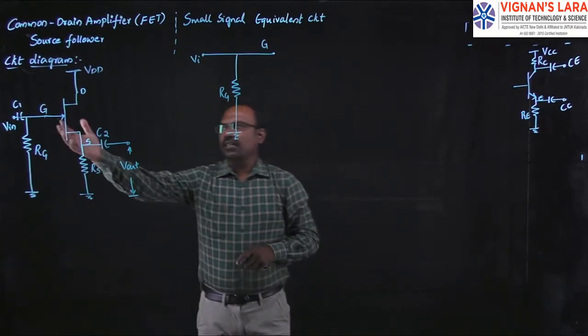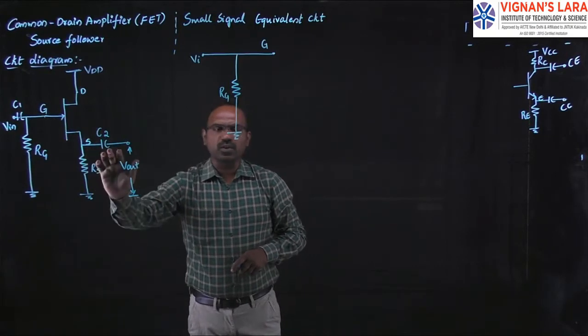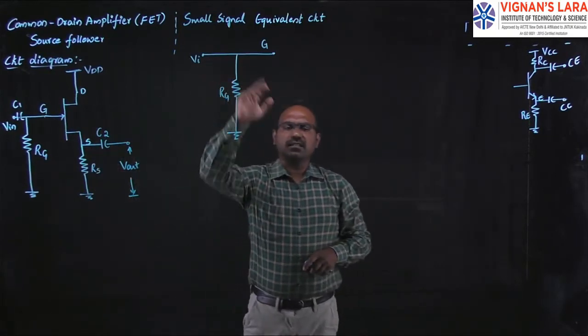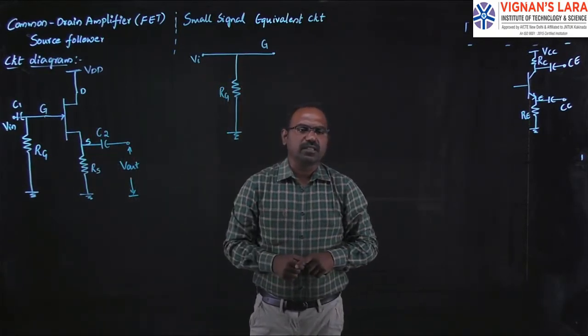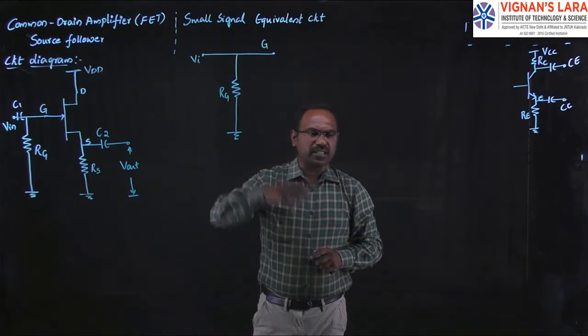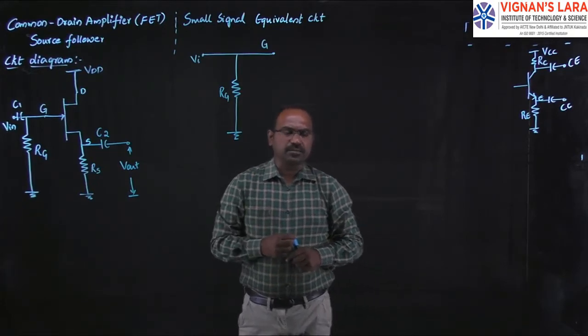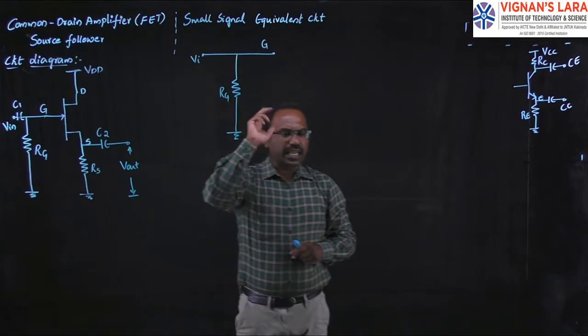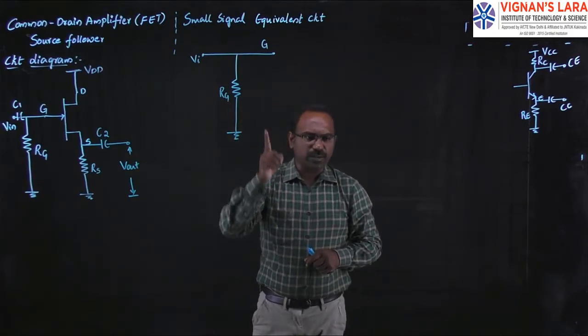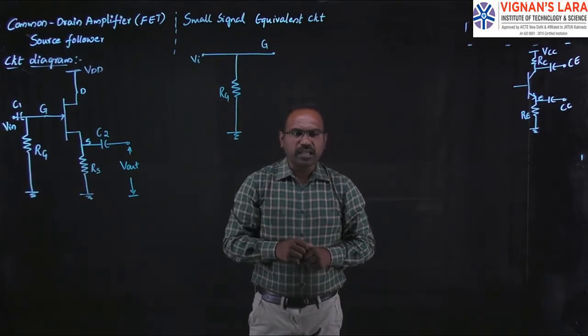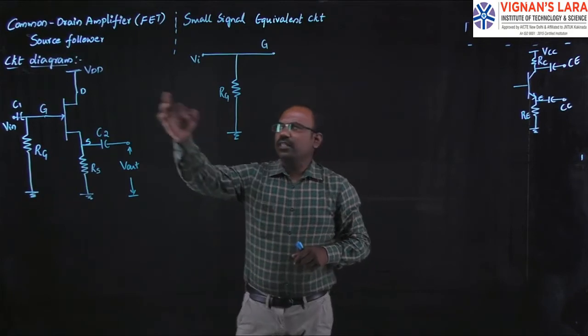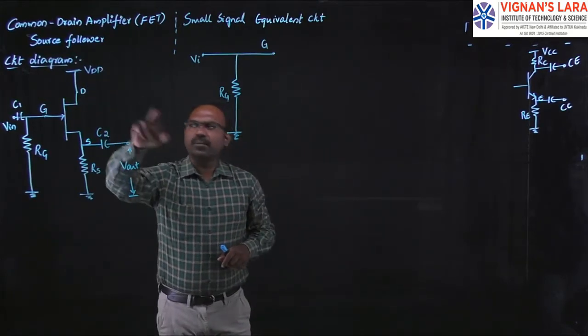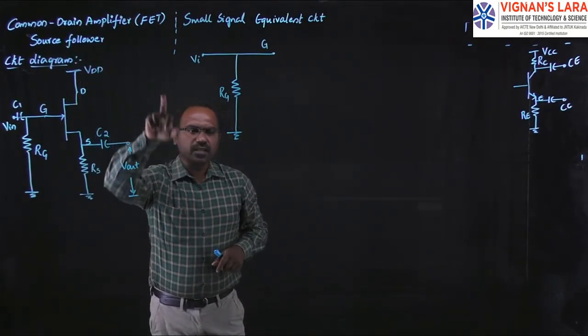That means the capacitor should be short circuited. That is the reason why it is short circuited. Right? Previously, if I said open circuited, make that correction. So for AC analysis, the capacitor should be short circuited. And the DC supply should be grounded. That means here VDD should be grounded.